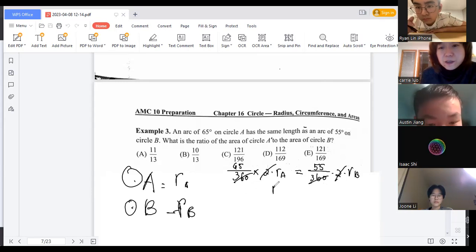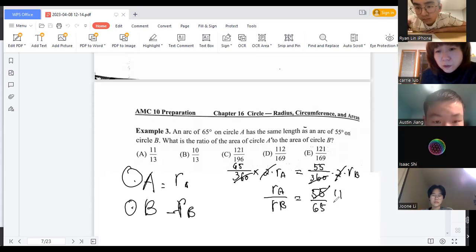So RA over RB equals 65 and 55, which is 13 over 11. Okay, so I just mentioned it earlier.